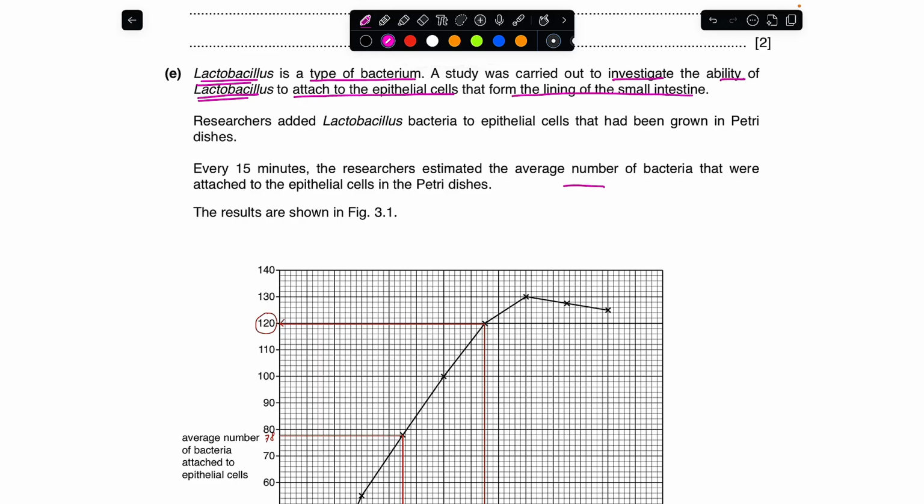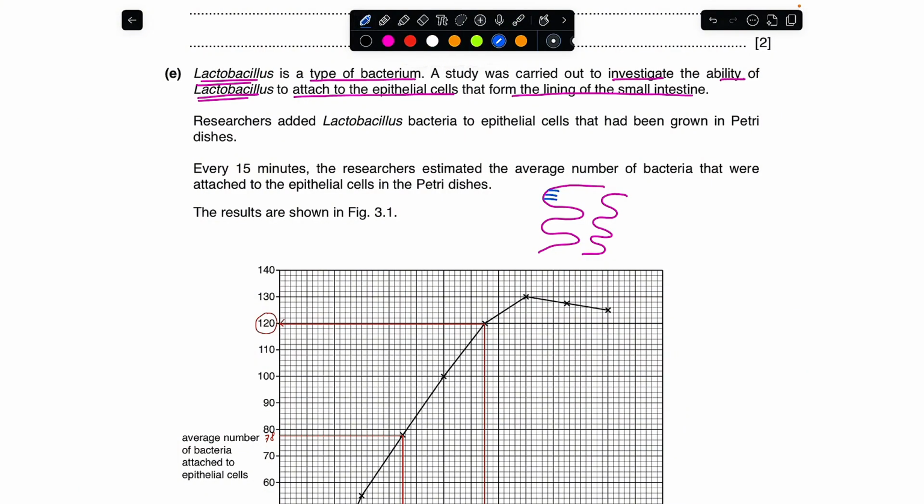If I draw the small intestine for a while, it looks like this. The lining of the small intestine has the epithelial cells in its villi, and lactobacillus has an ability to attach to the lining, and they are trying to see how well it can attach to the epithelial cells.